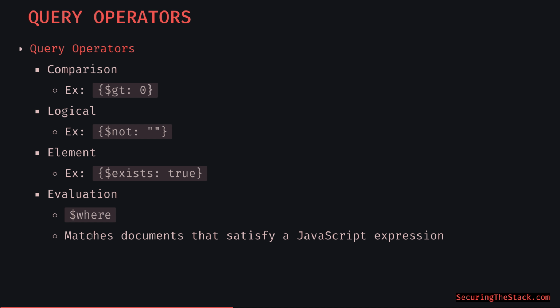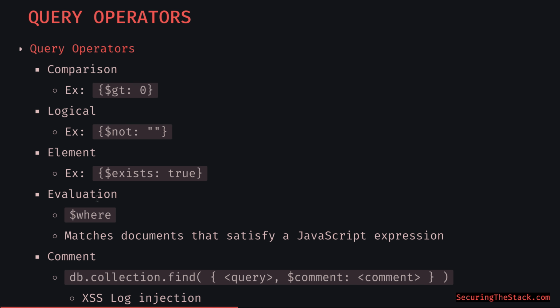Some of them can do pretty bad things from a denial of service perspective, and we're going to look at this in the next tutorial. But just know that through the evaluation query operator, if untrusted input was passed into a given field, there could be remote code execution.